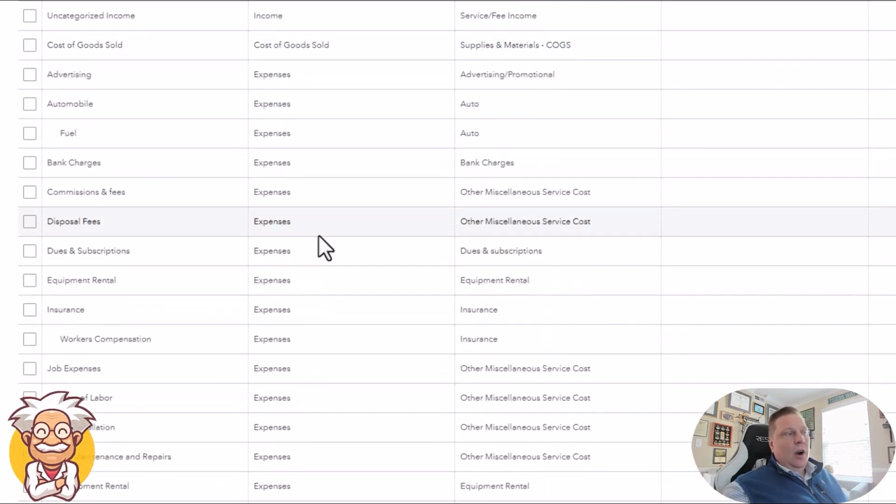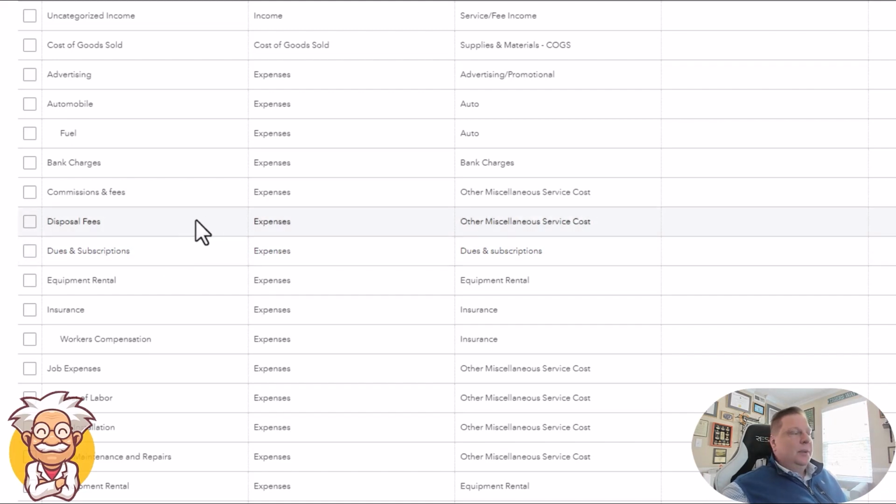Then we move into our expense accounts. This is probably the most transactions and accounts that you will have within your QuickBooks environment. And it can be as many as say 100, or you could have just very specific accounts and only do a few.